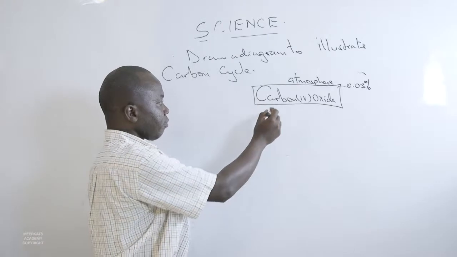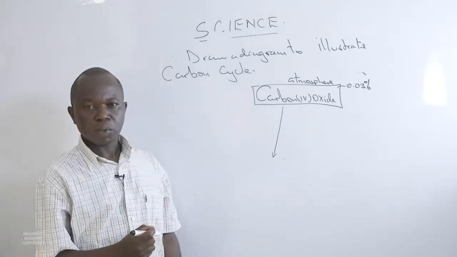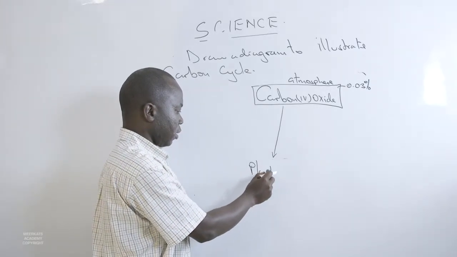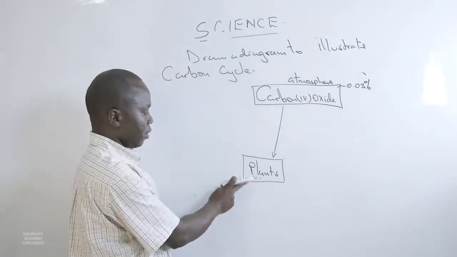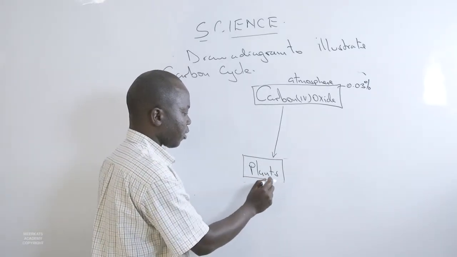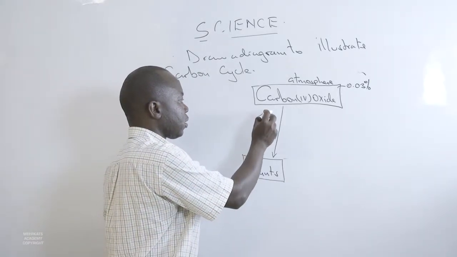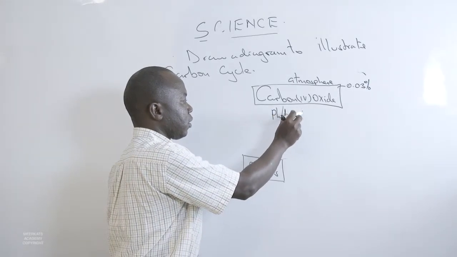So this carbon dioxide will get into plants, or will form part of the plants, through the process of photosynthesis.